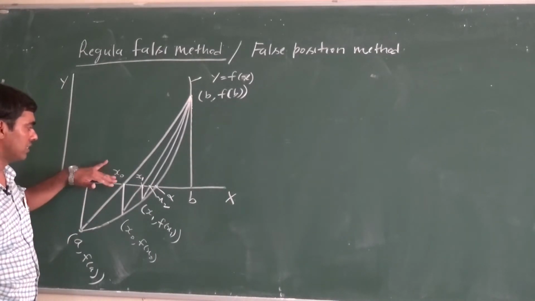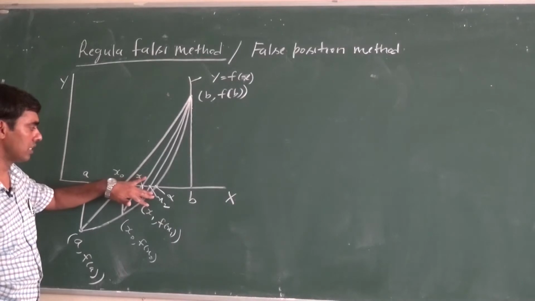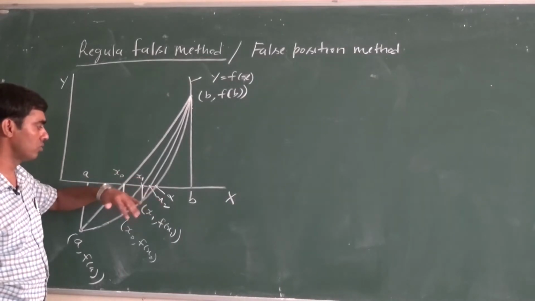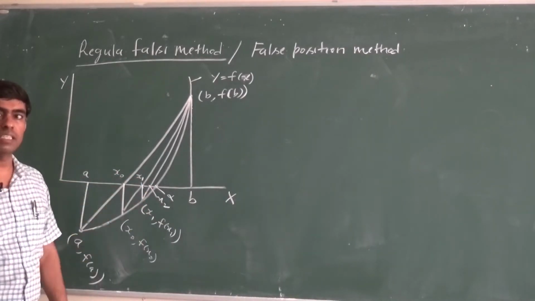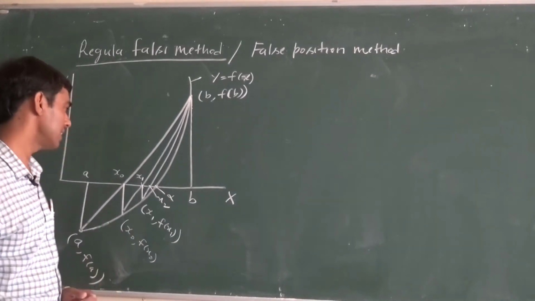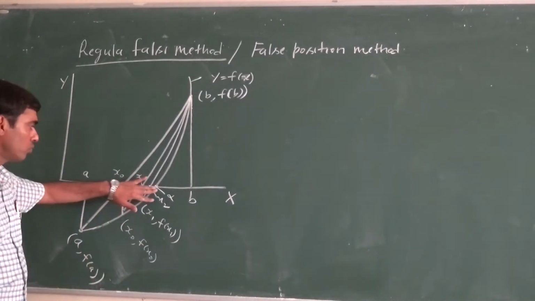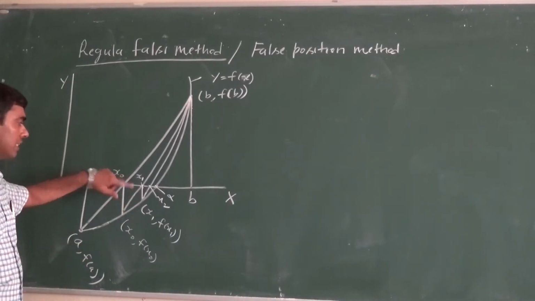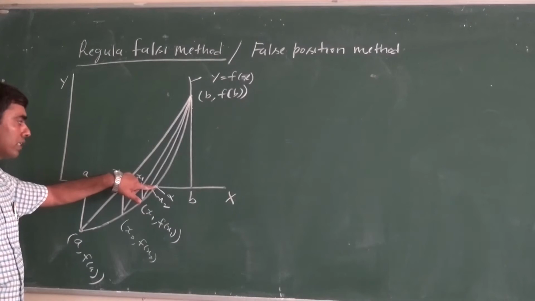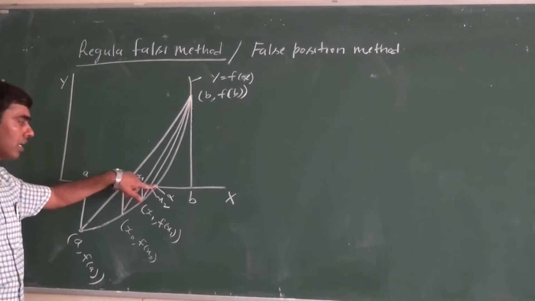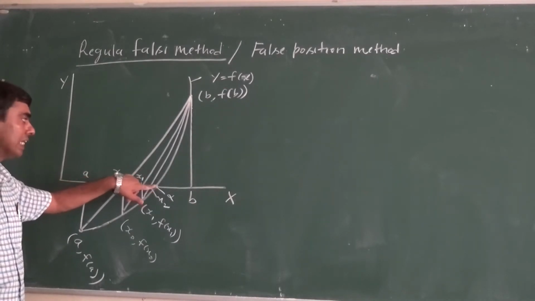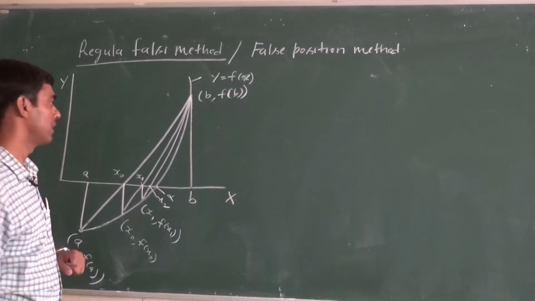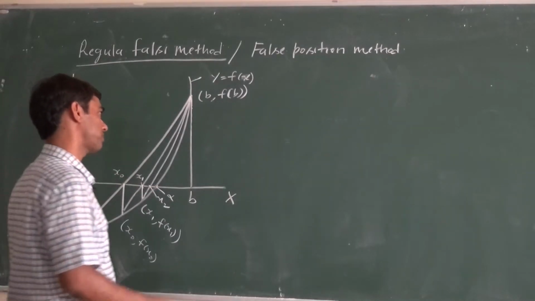Similarly x3, x4, x5. So after a certain number of iterations, we are able to find either the value of alpha or a point near to alpha.